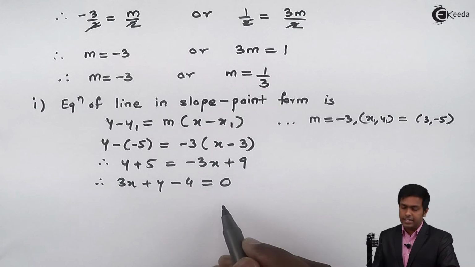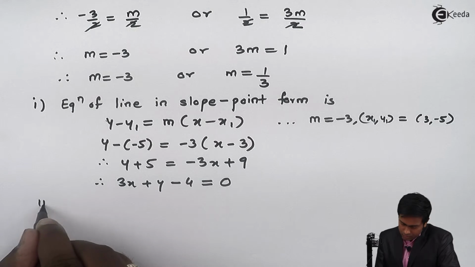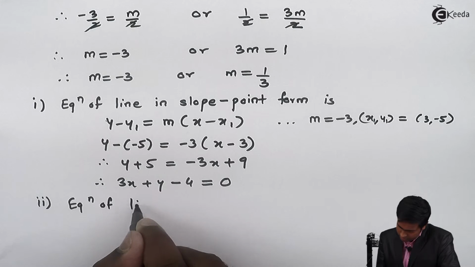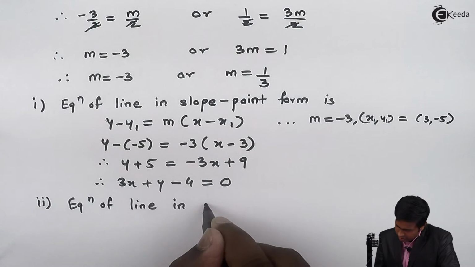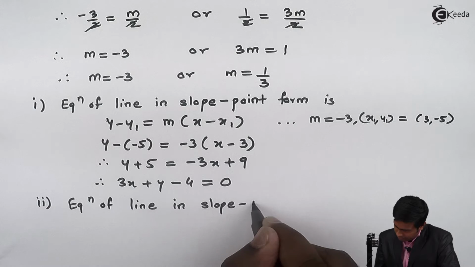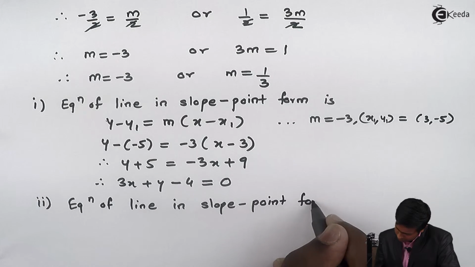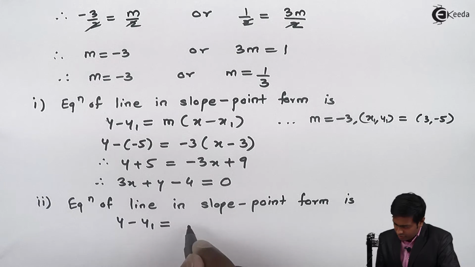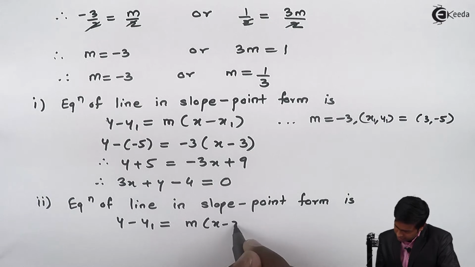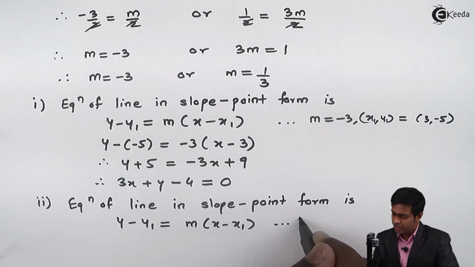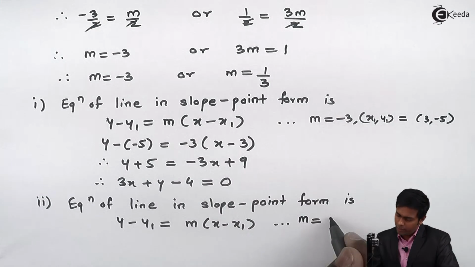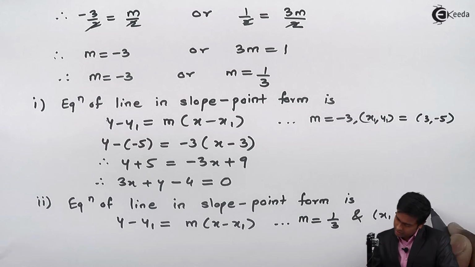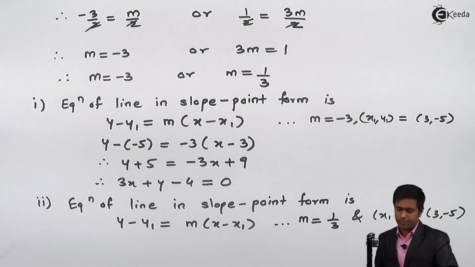Let's consider the second case. So equation of line in slope point form is same formula, y minus y1 is equal to m into x minus x1, but in this case we'll consider m as 1 upon 3 and x1 comma y1 as 3 comma minus 5.